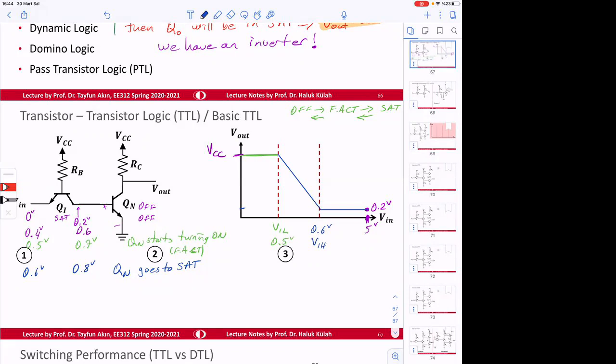Okay. So somewhere around here, QI goes to reverse active somewhere here. So if you want to find that value, you will be confused because of the model.